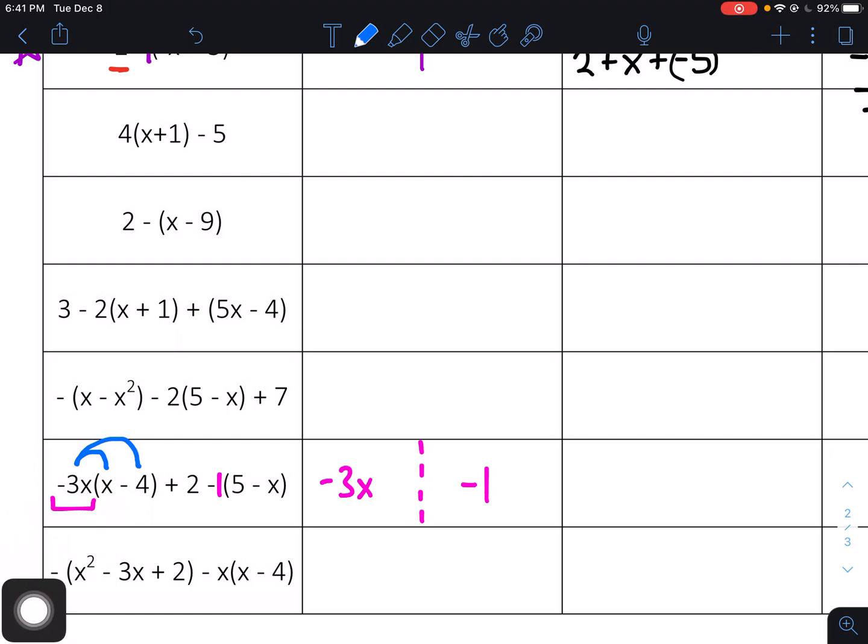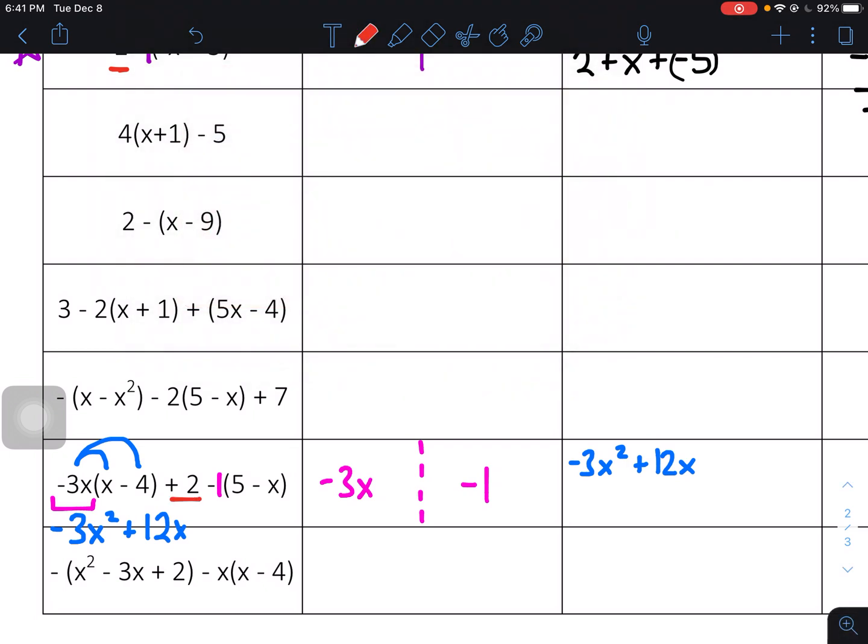-3x times x is -3x squared. -3x times -4 is +12x. So I'm going to write that over here. -3x squared plus 12x.